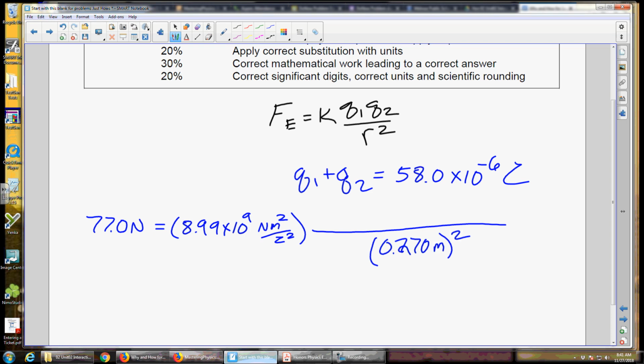Now I don't know Q1 or Q2, but I do know what the sum of them are. So again, I hit that same kind of mathematical point where I have two equations, this one and this one, with the same two unknowns. So whatever mathematically you did for 7, the same math function for 6, right? Whether you use the solver or you substitute it in.